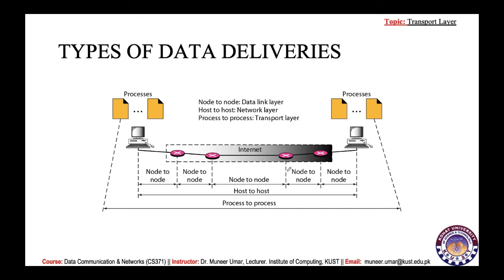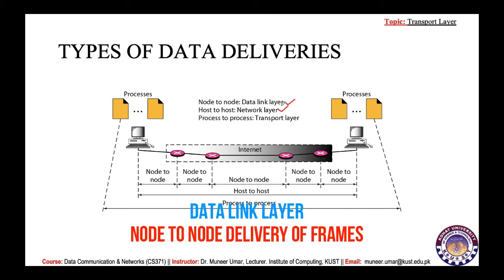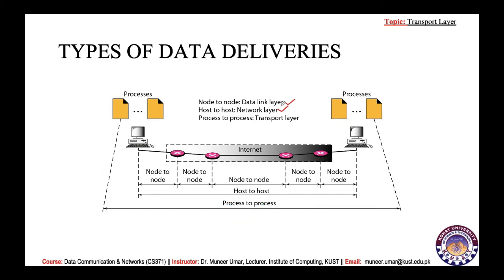Earlier, we studied the data link layer and network layer. The data link layer is responsible for delivery of frames between two neighboring nodes on a link. If you look at this diagram, here we have some nodes interconnected with each other.